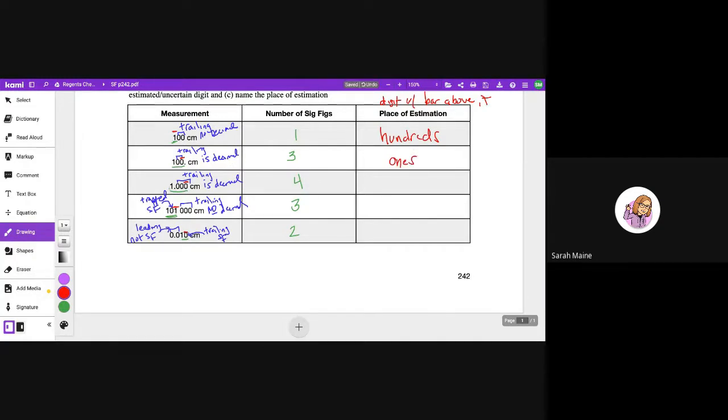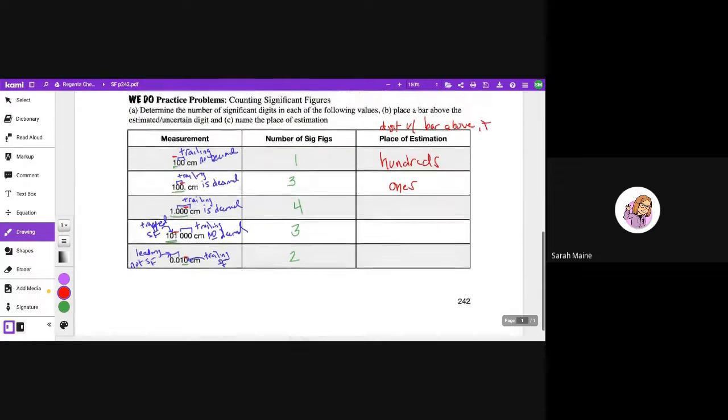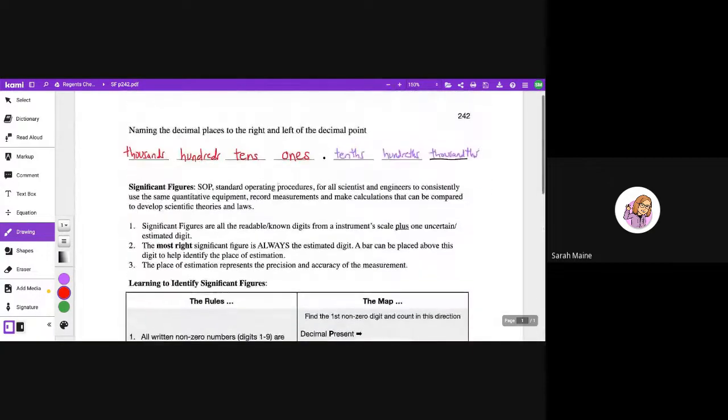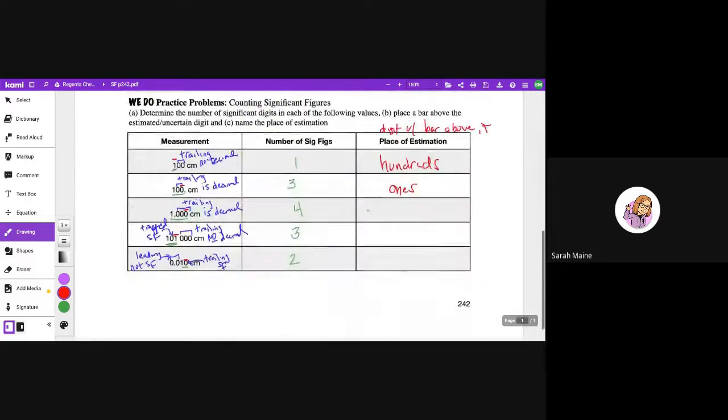If I take a look at the next example, 1.000 centimeters, the digit with the red bar above it, it's 3 positions to the right of the decimal. So if I move back to the top, I find my decimal and I go 3 positions to the right. Now my place of estimation occurred in the thousandths.